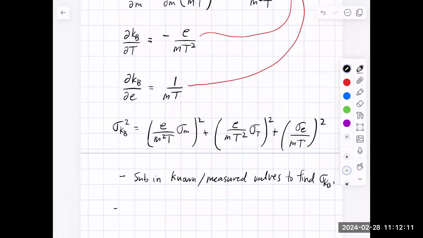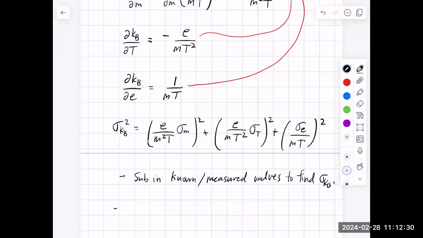Notice that we haven't made use of some of the rules that you're given in first year. Boltzmann's constant is, sorry, k_B is e over m times T.